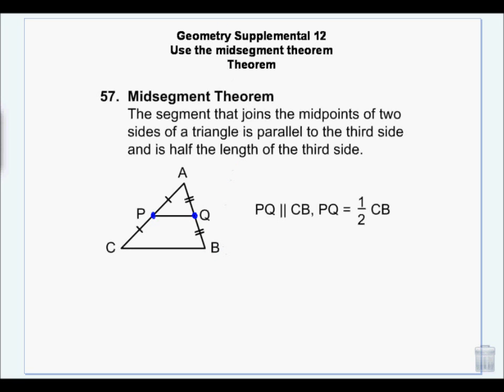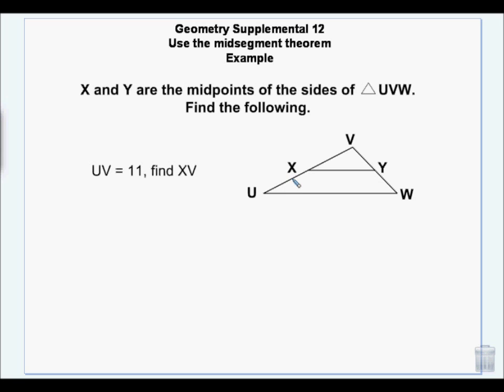Okay, so if UV is 11, and we know that this is a midpoint and we want to find XV, well, what's our answer? 5.5.